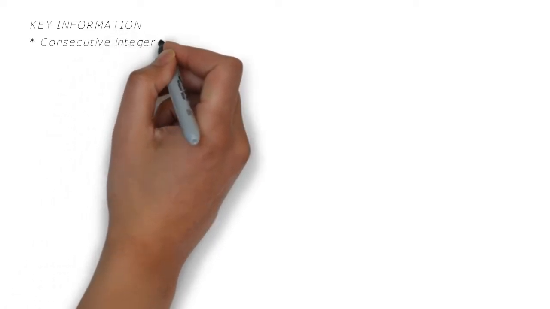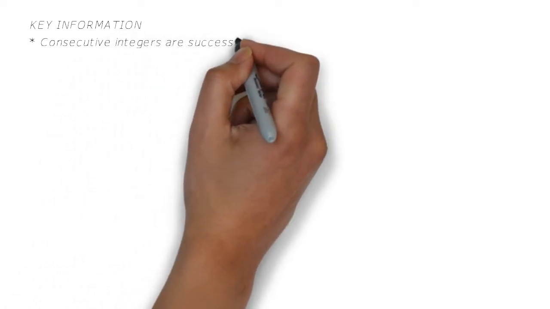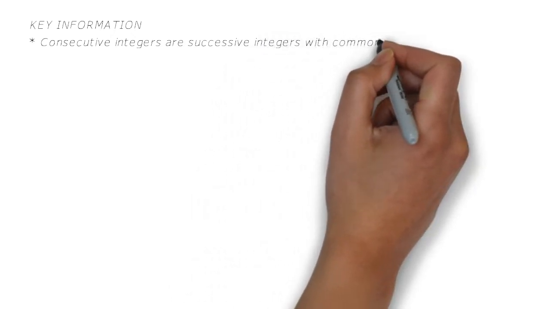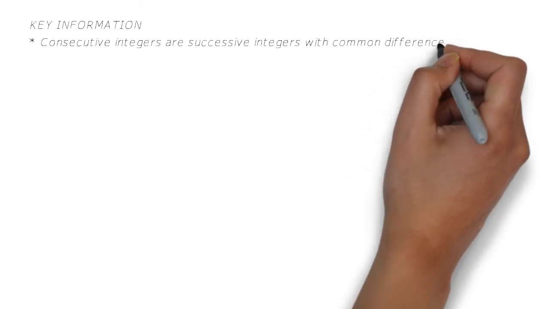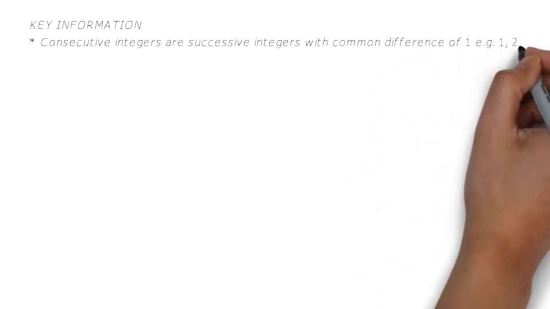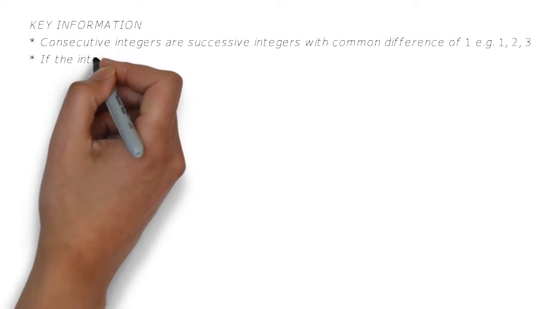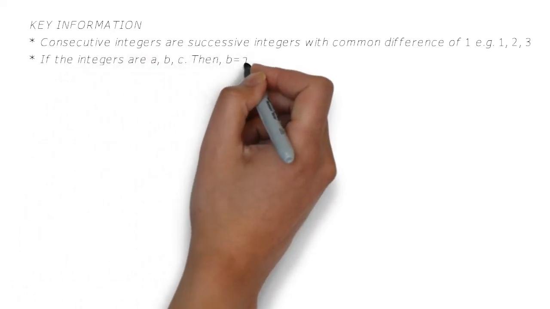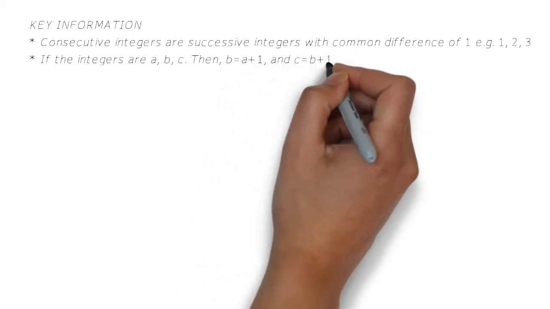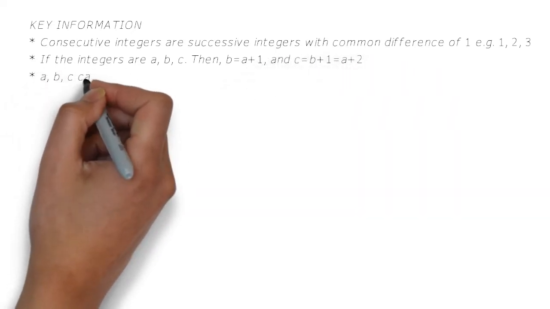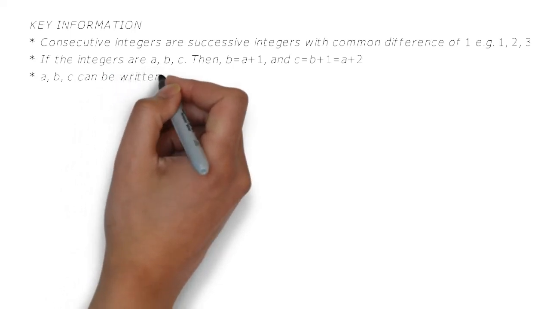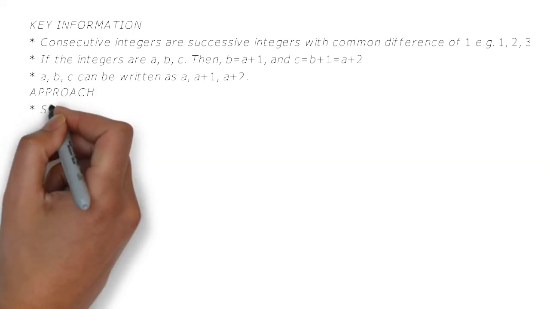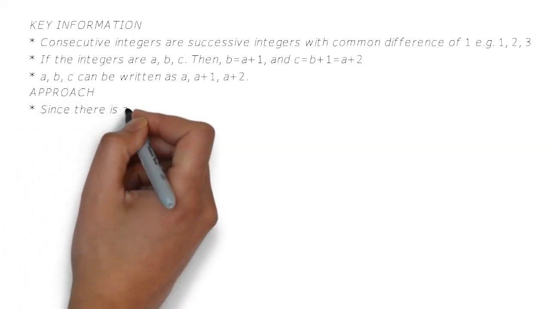Now when you say consecutive integers, they are just successive integers with a common difference of 1. For instance, like 1, 2, 3 or 5, 6, 7. Also, the integers are a, b, and c. That means that b is 1 greater than a and c is 1 greater than b, such that they can be written as a, a plus 1, and a plus 2.